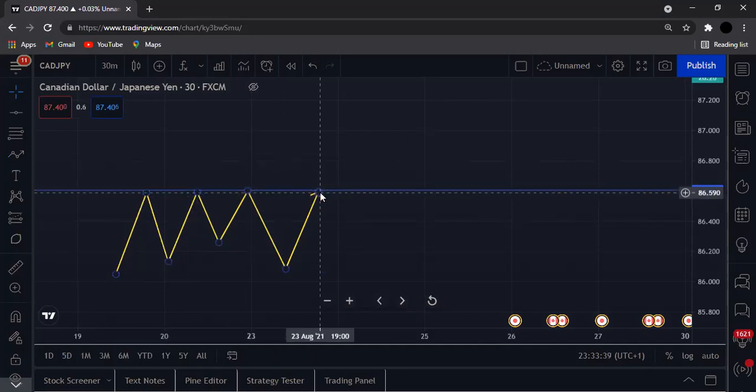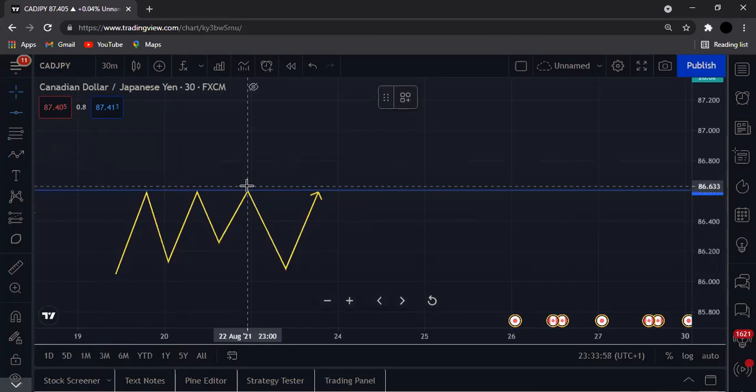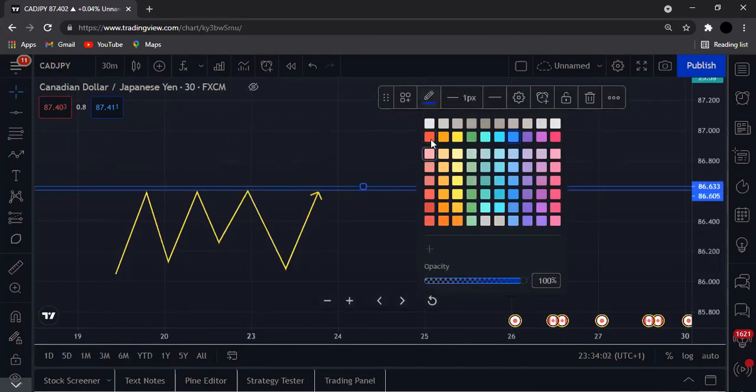So when it gets to this point, they would sell, ideally, because they're expecting it to fall. So they'll place a sell trade at this point and probably place their stop loss somewhere here. Let me change this to red.